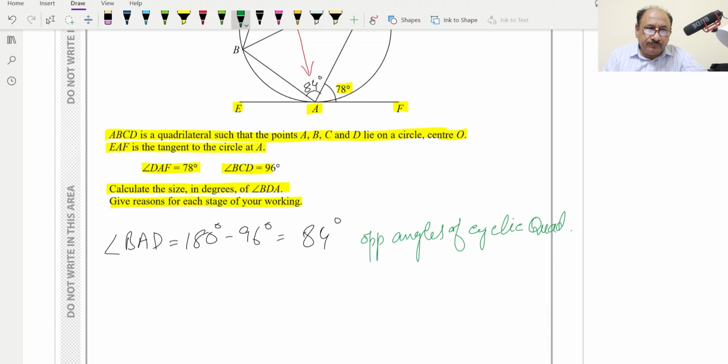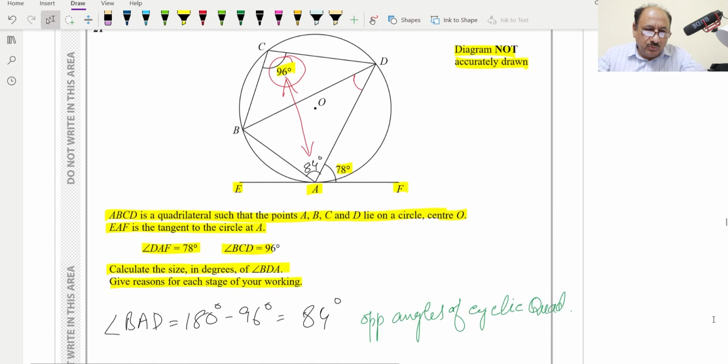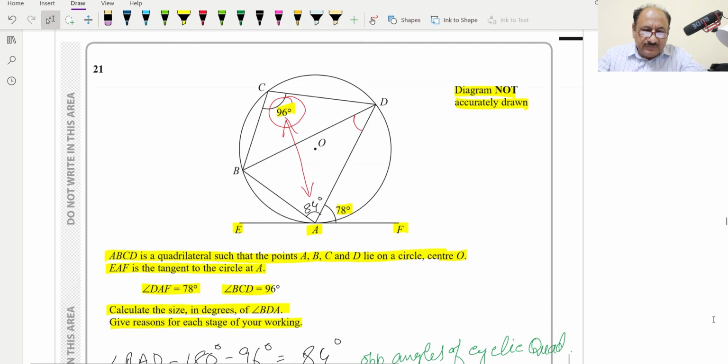Next, we can go through this drawing and figure out another angle, which is this one, angle ABD. Angle ABD will be what? Angle ABD will also be 78 degrees. Why is this 78 degrees? I will erase the extra arrows which I have drawn for explanation.